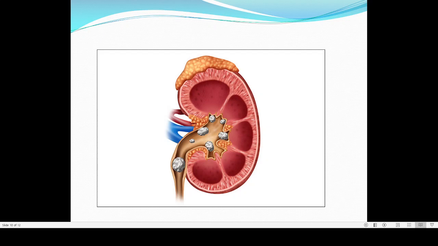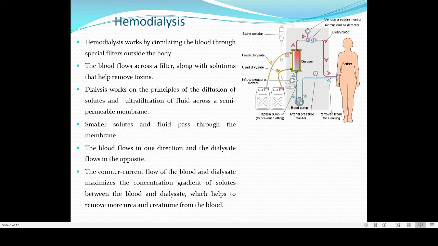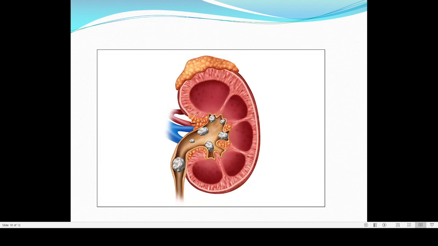The person may not be able to pass urine, and he or she will be facing very intense pain. That is one problem. Second, these rock particles have very sharp edges, and these sharp edges will be causing injuries in the ureter, and there will be blood leakage, which will also cause a lot of pain.